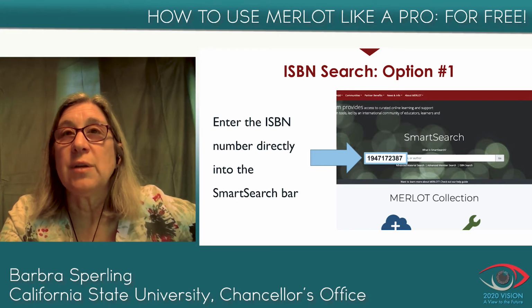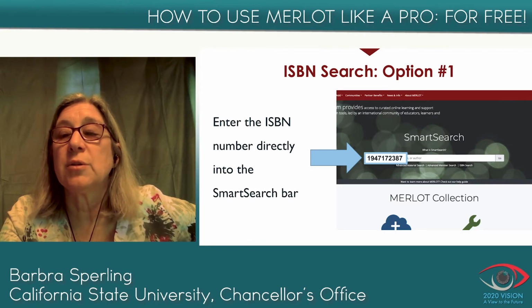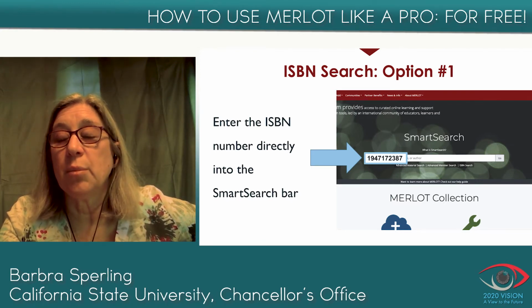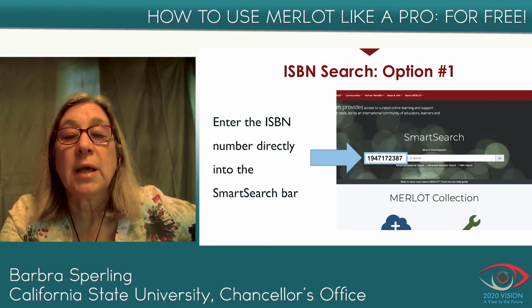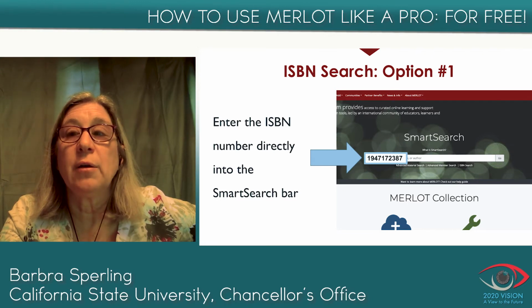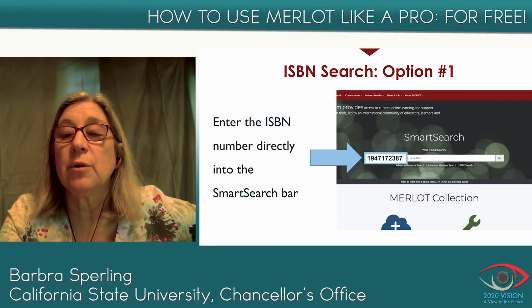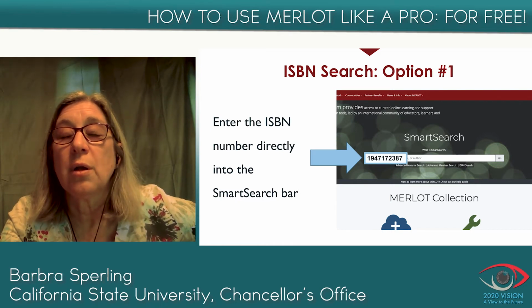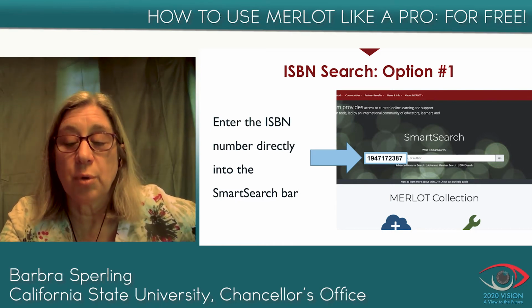Or you want to see if there are supplemental materials you can use in addition to or in place of this textbook. So in MERLOT, you can enter the ISBN number, and we not only return other open textbooks that might fit that profile, but we also provide supplemental materials and resources that you can use, as I said, in addition to or in place of that textbook.